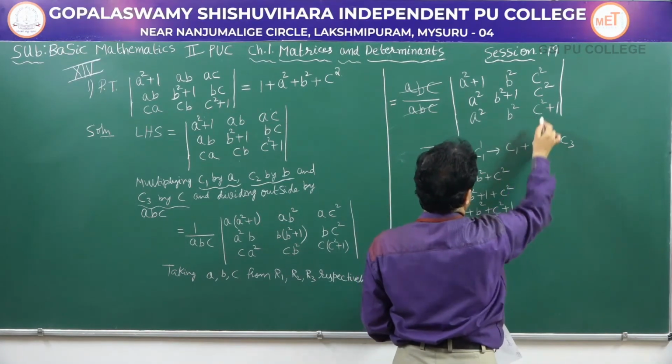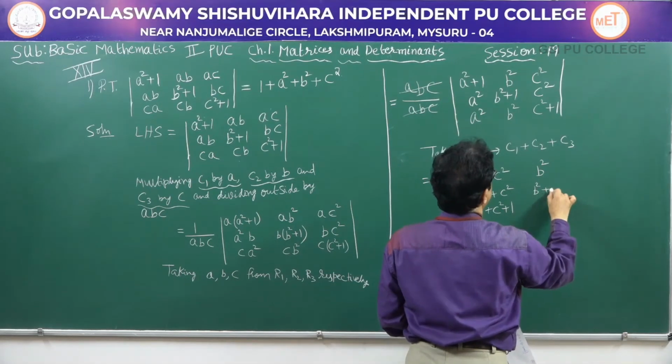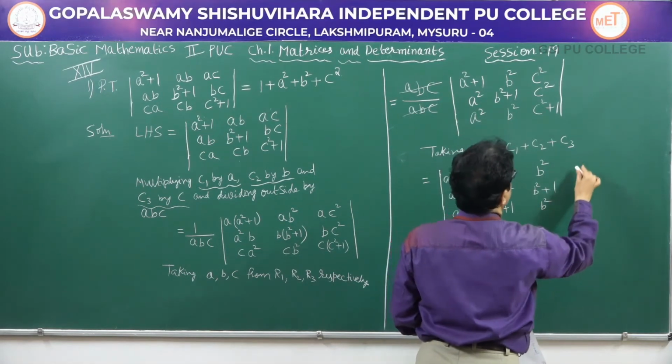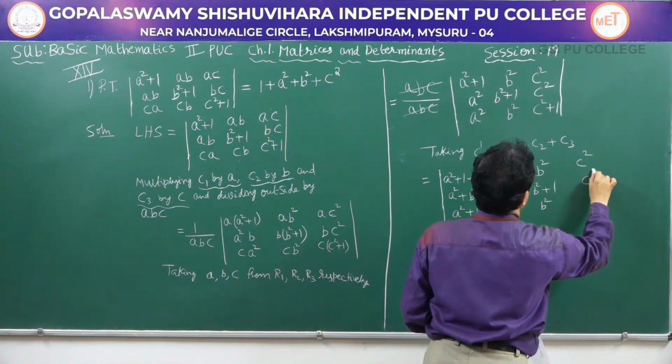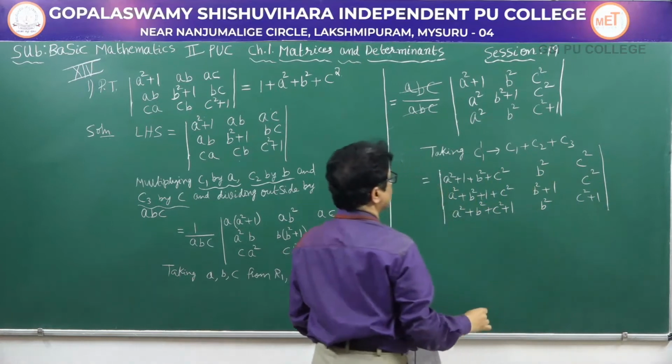Second column and third column remain as it is, that is B square plus 1, B square, C square, C square, C square plus 1.